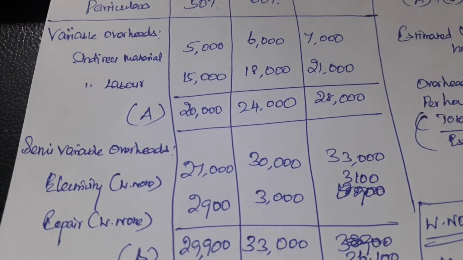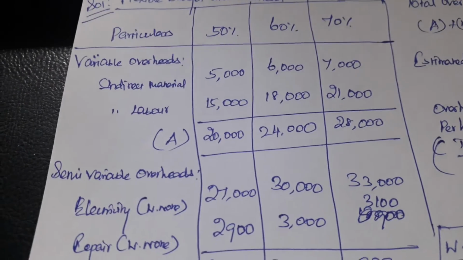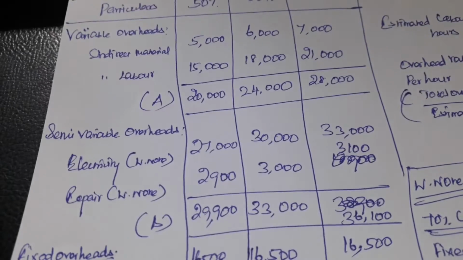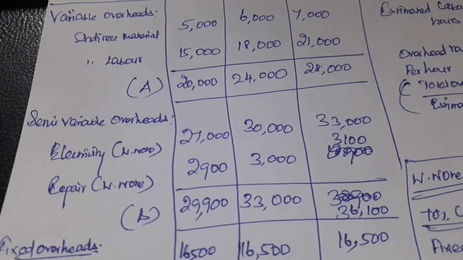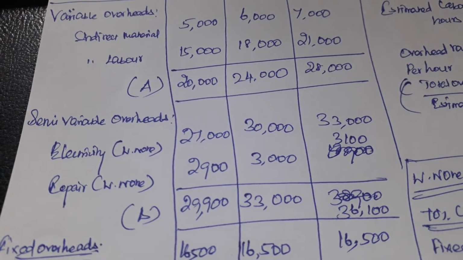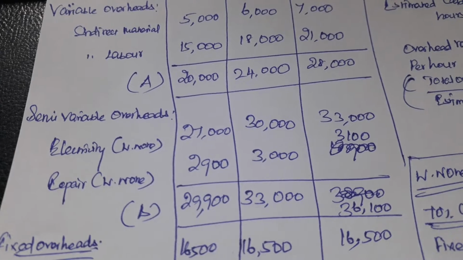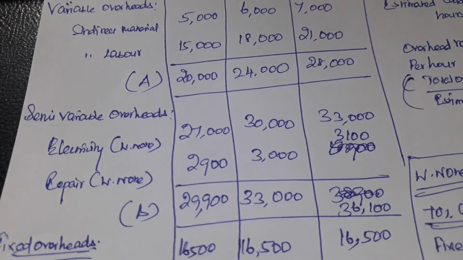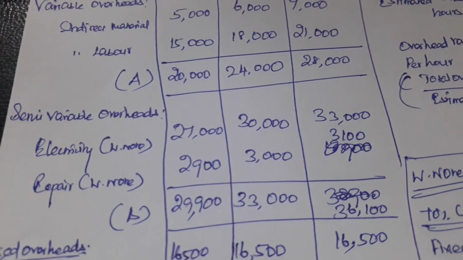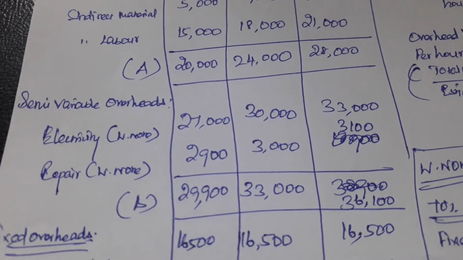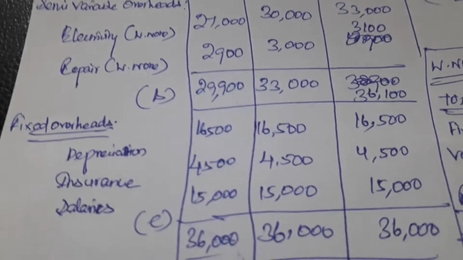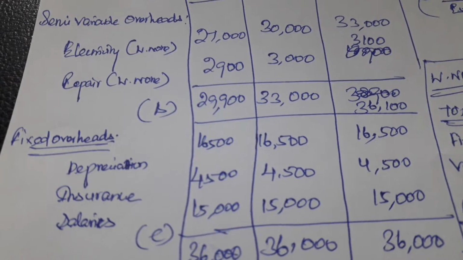Next, semi-variable overheads. These overheads are a mix of both variable overheads and fixed overheads. Here is electricity 30,000 and repair 3,000. Then we add them as 33,000. Next is fixed overheads.